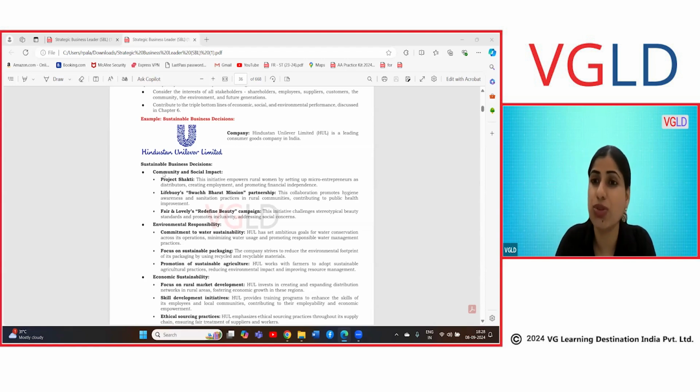Maybe you guys are aware of it or not, I have read this in an article. This is about women empowerment, specifically rural area women, so that these women can get financial independence.